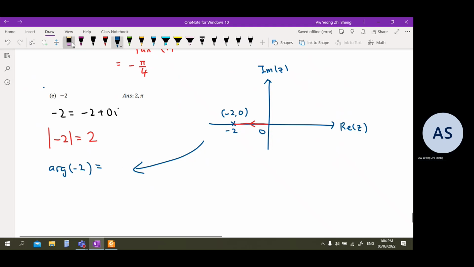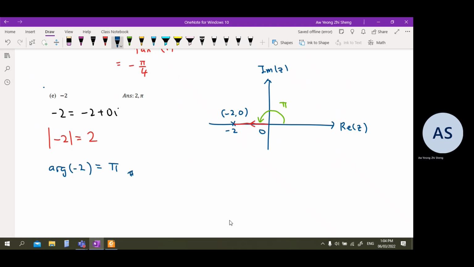So for cases where your vector representation of the complex number is horizontal or vertical, I will encourage you to draw out the Argand diagram to support your answer, or else you will have no computation to show. So the argument will be this green color vector going the positive direction by a magnitude of pi. So we'll just take pi as the answer. Recall that pi is in the principal range, so we can accept it.